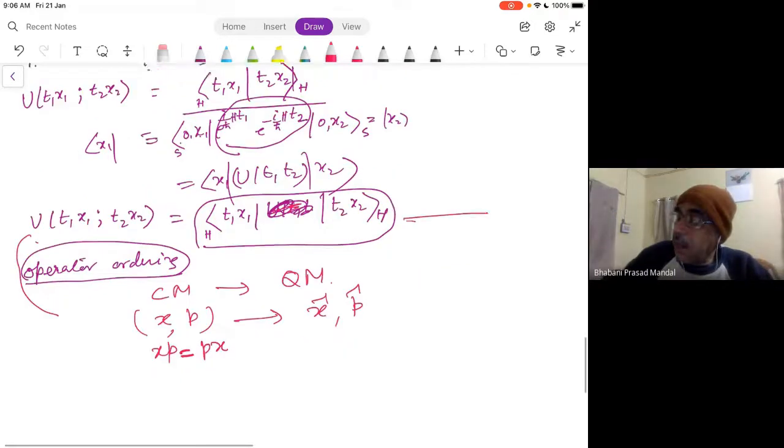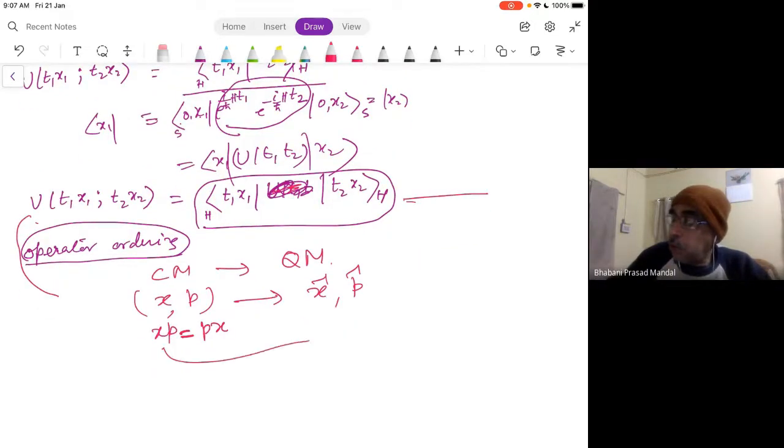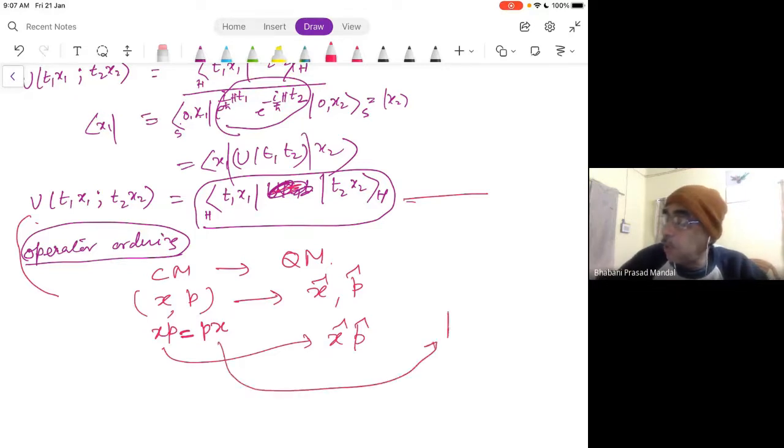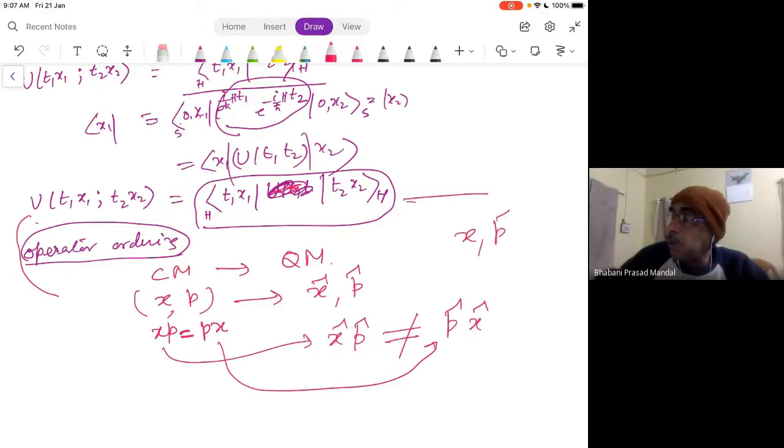But if I write the Hamiltonian corresponding to this, it will be xp. If I write this Hamiltonian corresponding to this classical operator, it will be px. But quantum mechanically, they are not equal, because we know the xp commutator is i h-bar.